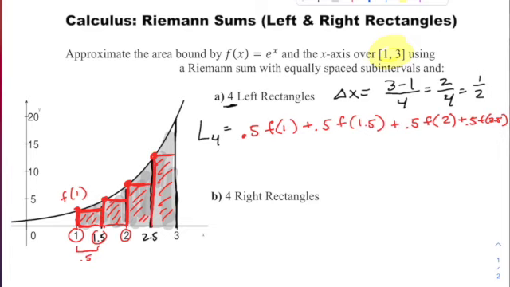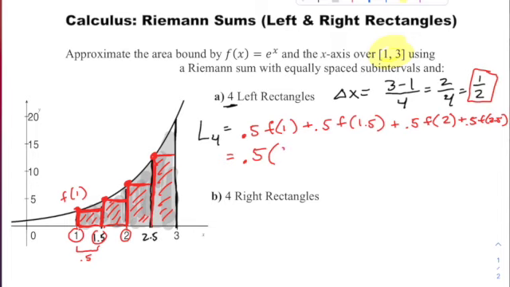As you can see, the thing that's being used over and over again is that 0.5. So for shorthand in the future, once you get good at these, you do a couple of them, you'll probably just set it up this way in factored form. Hey, if I'm having a delta x of 1/2 or 0.5, I can factor that right out of the whole expression and then just add up all of these heights individually.